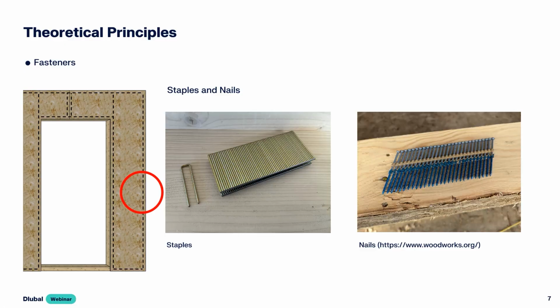Fasteners are of course an important topic as well. I guess in other countries in Europe, staples are becoming more common compared to the USA or Canada. They still mostly use nails, but I guess in industry, staples are more common, but we offer both at the moment.